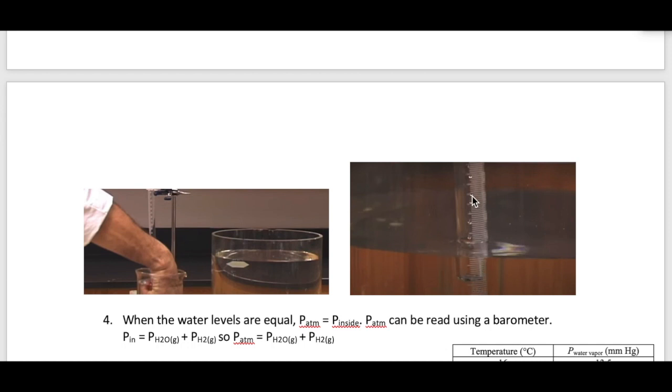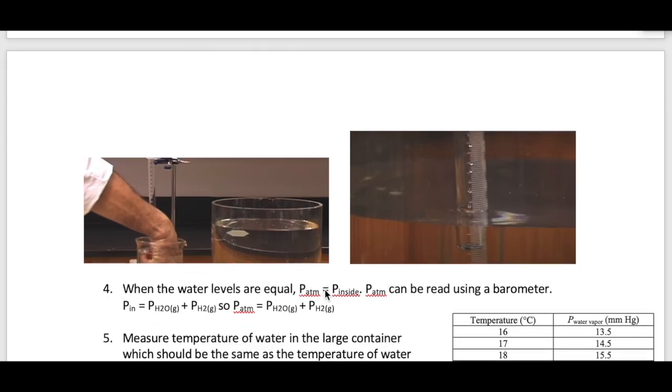So I will move this eudiometer up and down until the level of the liquid outside and inside are equal. When they're equal, the pressure of the gas inside the eudiometer is going to equal the pressure of the outside, which of course is the atmospheric pressure. Now, the atmospheric pressure can be read in the lab using a barometer.